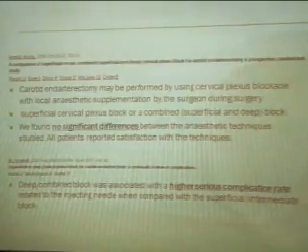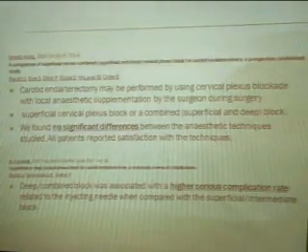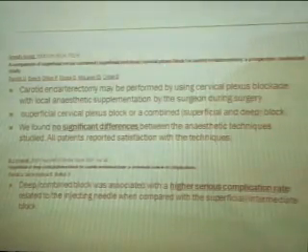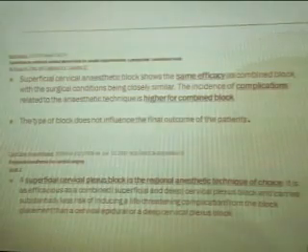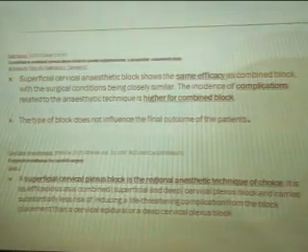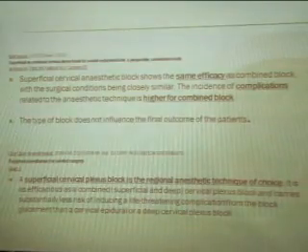In another study in the British Journal of Anaesthesia, deep and combined blocks were associated with higher serious complications than only a superficial block. One more study said that superficial cervical block shows the same efficacy, but the incidence of complications with the deep block is higher.